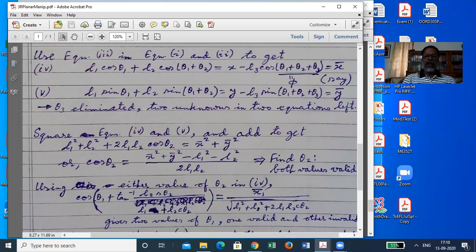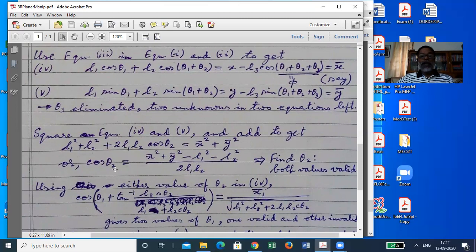That means just theta 2 remains. And theta 1 has gone completely out. On this side you have two numbers. Just square and add them. And then take these numbers on this side, subtract, divide by twice L1 L2. You get cos theta 2 and theta 2.